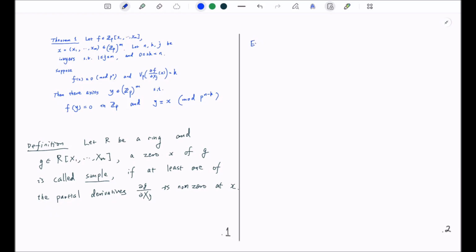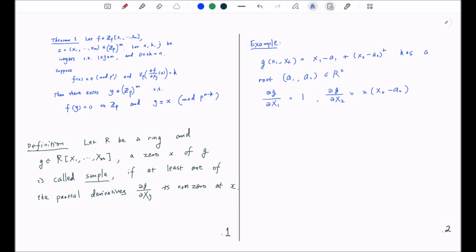As a quick example, G of x1, x2 equal to x1 minus a1 plus x2 minus a2 squared has a root a1, a2. a1 and a2 are both in R. And if you look at the partial derivatives, dg by dx1 is equal to 1, and dg by dx2 is equal to 2 times x2 minus a2.